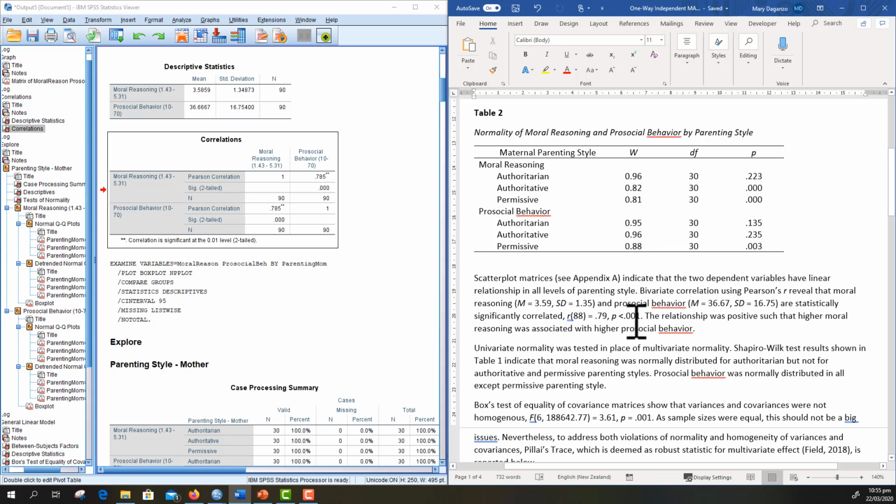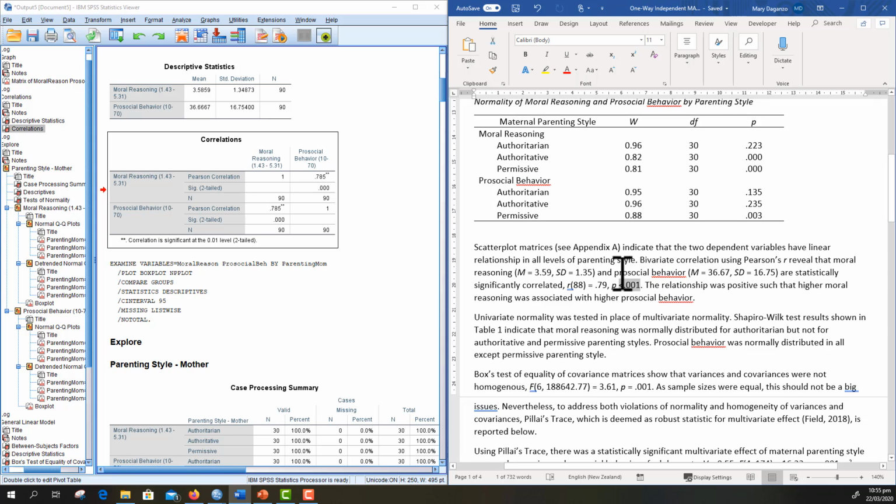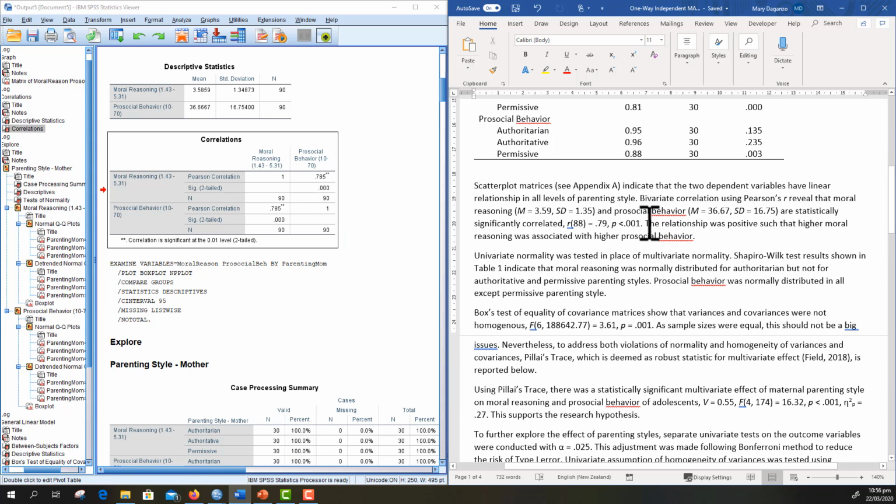Okay? And we have our p-value because it's 0.000. We report it here as less than 0.001. Otherwise, we would have an equal sign here and then the actual value. Okay.